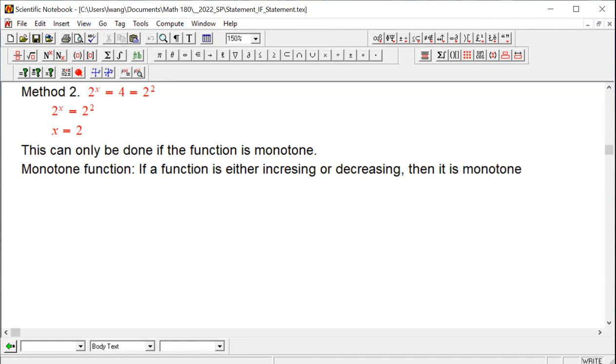I'll try to keep it in one line. Is 2 to the power x an increasing function? The answer is yes, it's an increasing function.